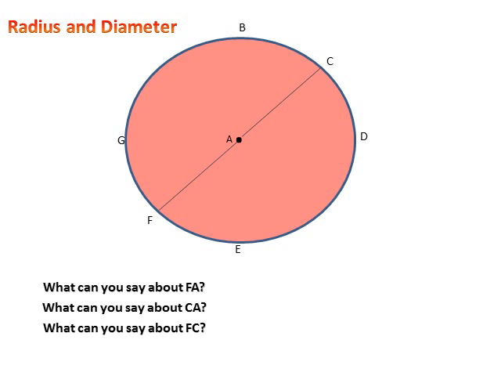As you can see, FA plus CA, two radii, constitute a diameter. So two radii is equal to a diameter. Meaning if your radius is 5, your diameter is 10. If your diameter is 20, your radius is half of 20, which is 10.